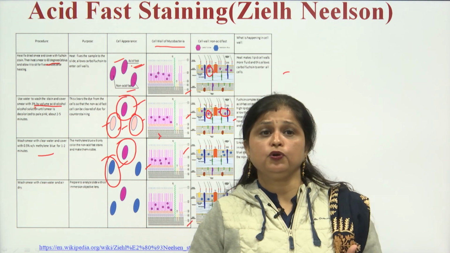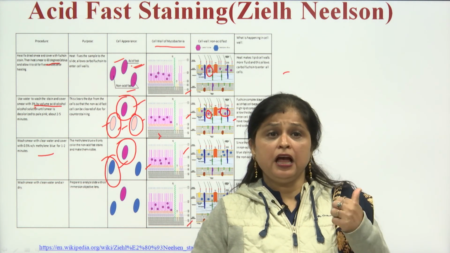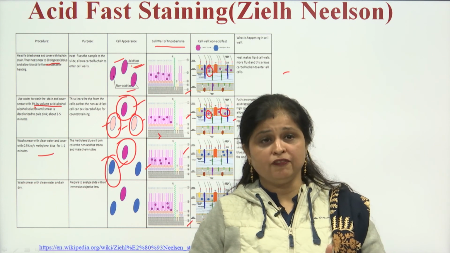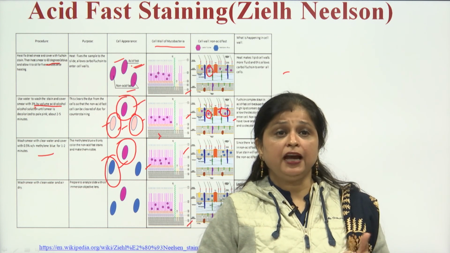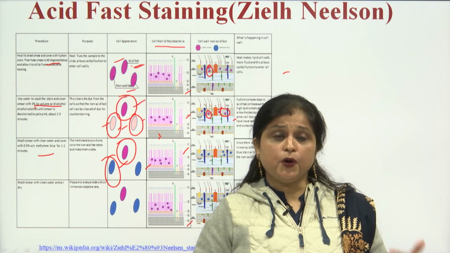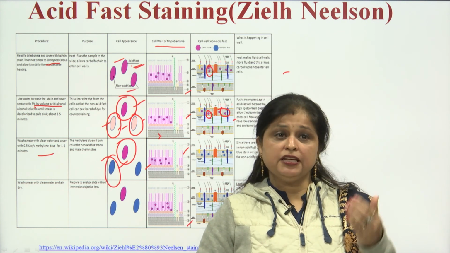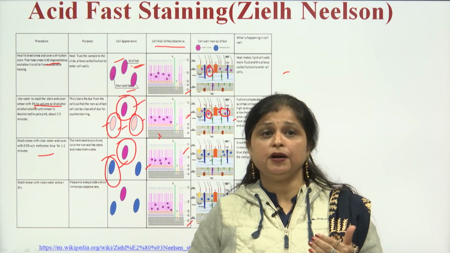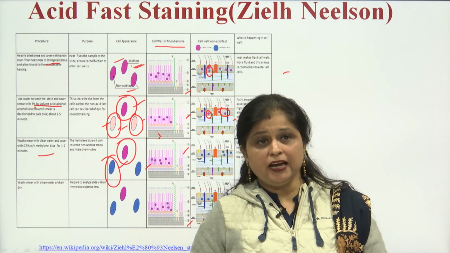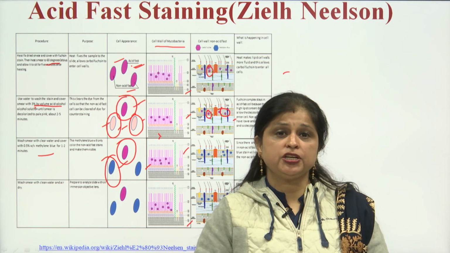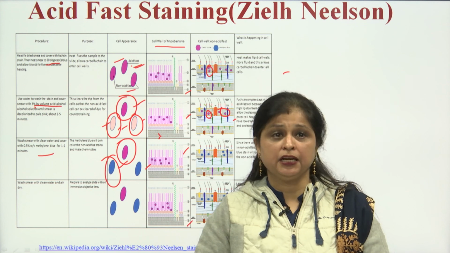After that, I told you about differential staining, how we can differentiate between species like gram positive, gram negative, acid fast and non-acid fast. Gram positive and gram negative staining was given by Hans Christian Gram, and by adding more than one staining reagent within the same procedure, we can easily differentiate between gram positive and gram negative bacteria.